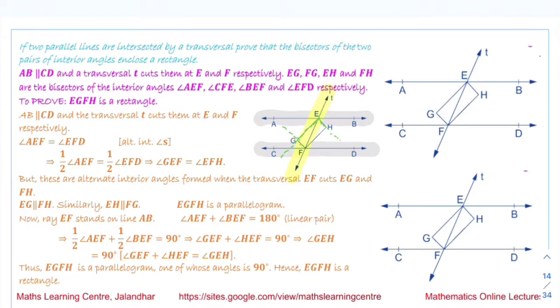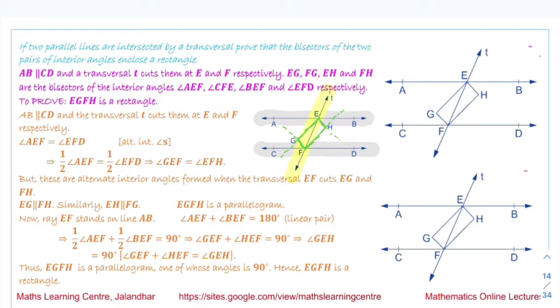Similarly we draw the bisector of all these interior angles. Then we have to prove that this figure we obtain over here is a rectangle.